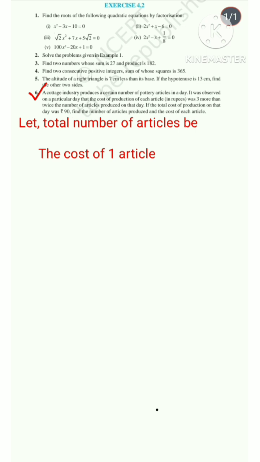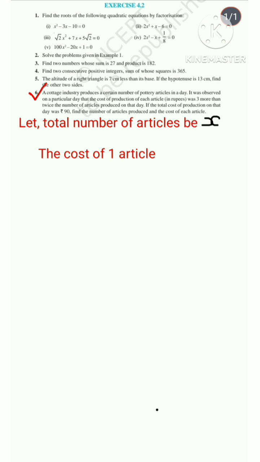If the total cost of production on that day was rupees 90, find the number of articles produced and the cost of each article. Okay students, firstly let's assume the total number of articles produced on that day be x.